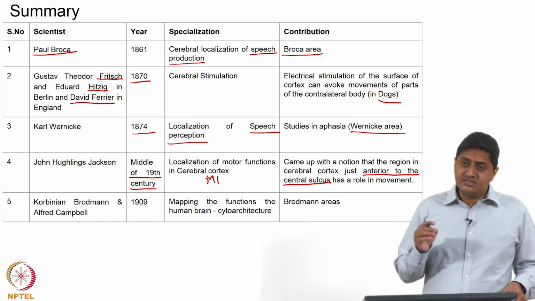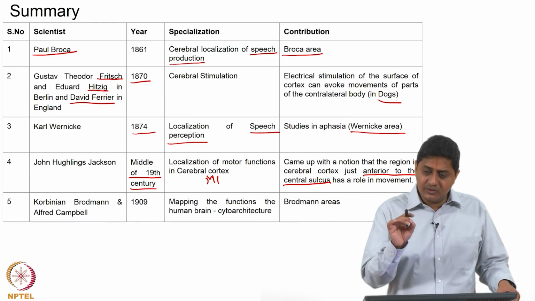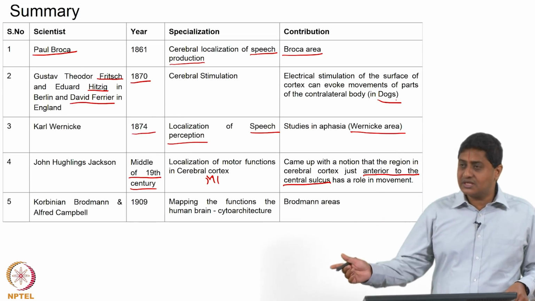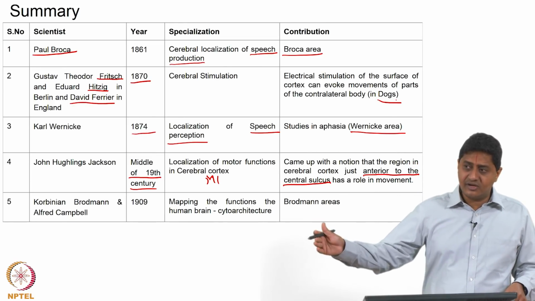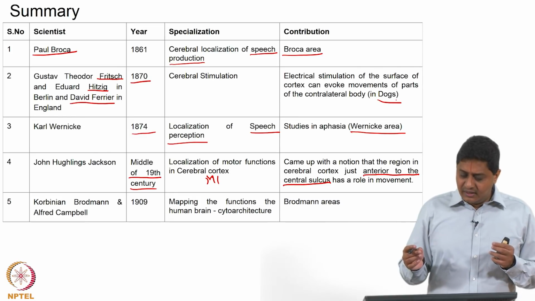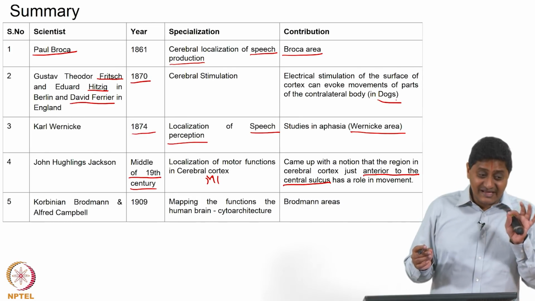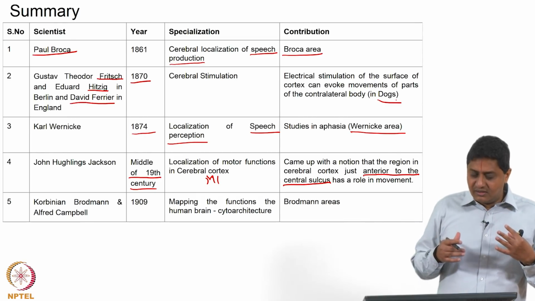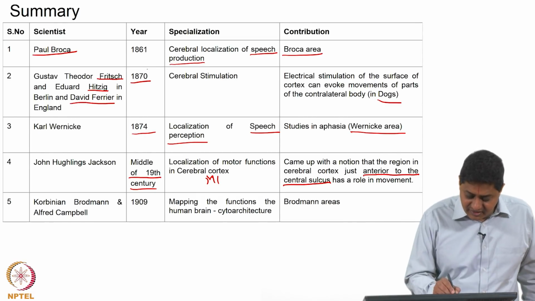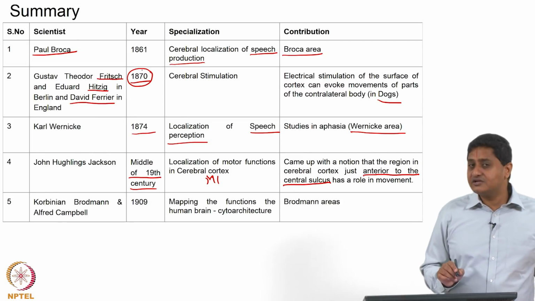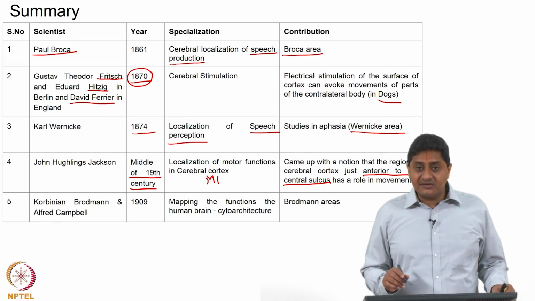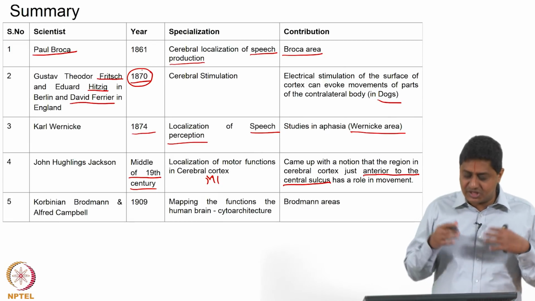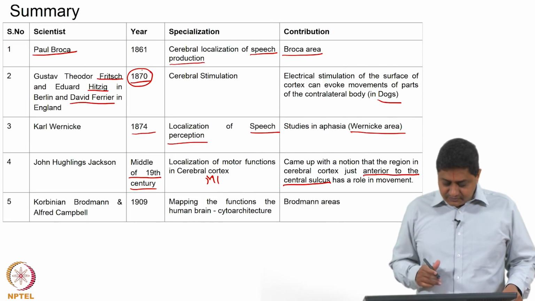Now, that means that when I stimulate a particular area in the brain, movements are produced on the contralateral side of the body, which means there must be a relationship between that site of stimulation and the movement that is being produced. Let us remember that this is 1870. This is about 150 years ago. So, for the good old days, that was a very good progress, that was a substantial contribution, right.